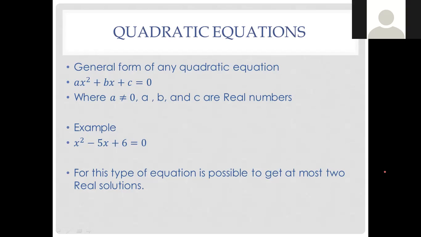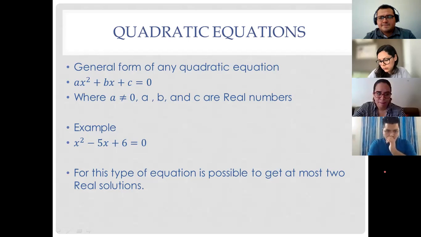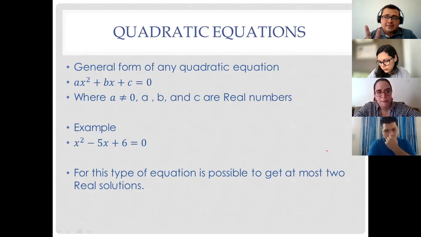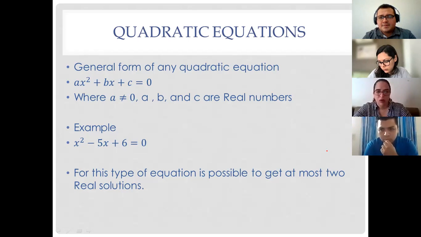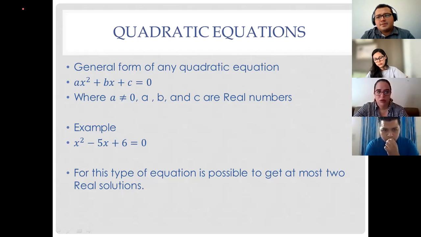What does at most 2 real solutions mean? Probably I get 2 solutions, but those 2 solutions would be enough to see the values for x. Okay.